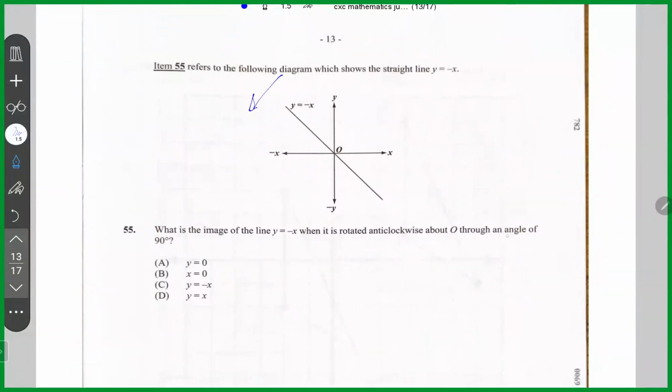It's going through 90 degrees, so it would become this line, and this is the line y is equal to x. So the angle of rotation is 90 degrees. This piece goes 90 degrees, that goes 90 degrees. So the answer is y is equal to x.